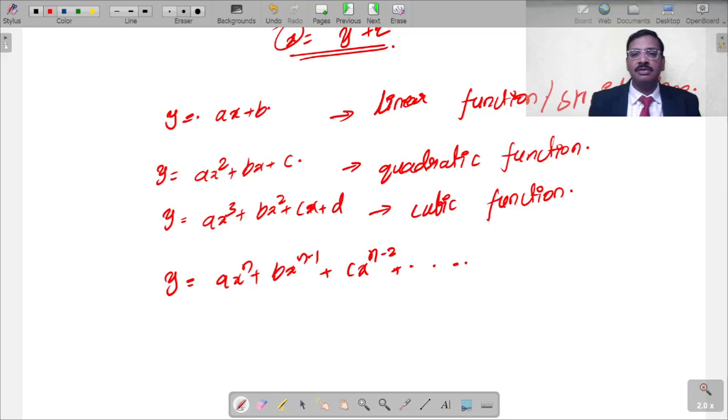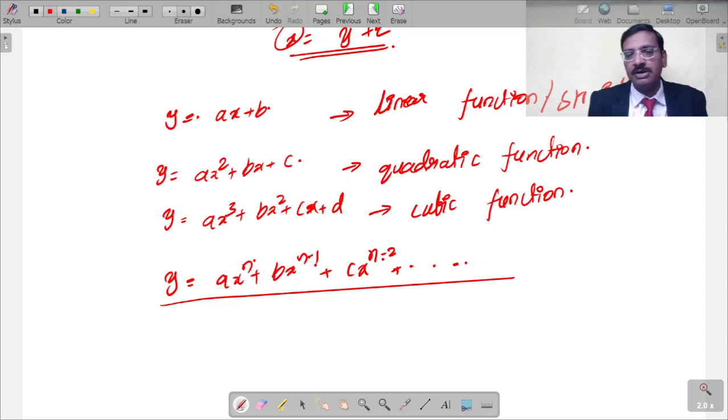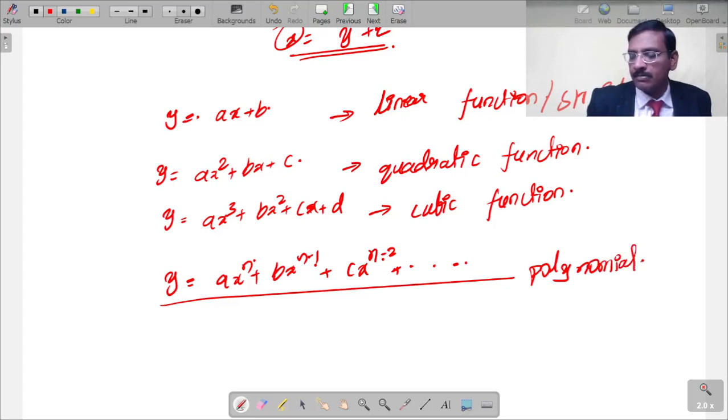So any order, n can be any value until infinity, right? So this kind of function is called a polynomial. And this polynomial is an important function in mathematics when compared to any other function.